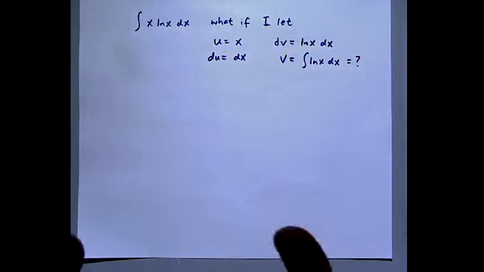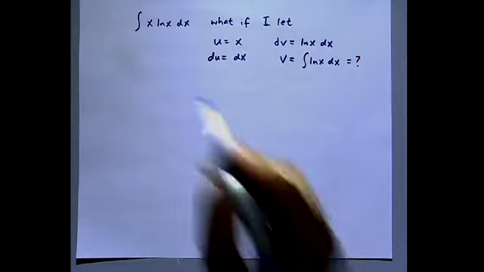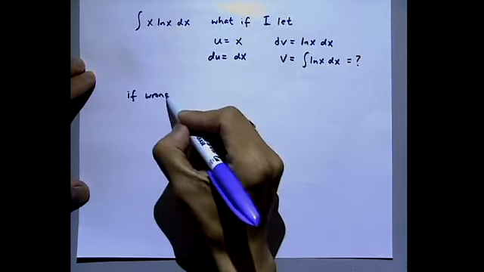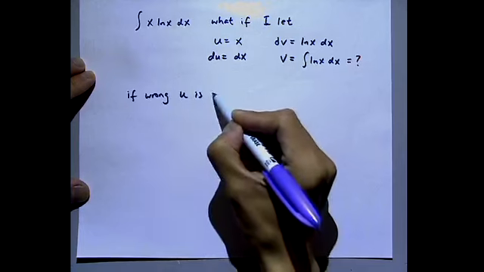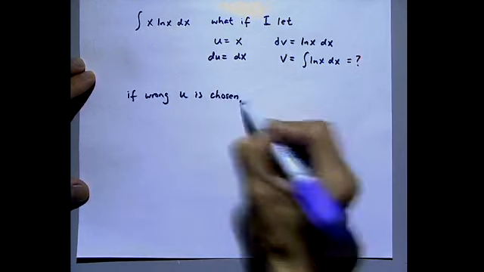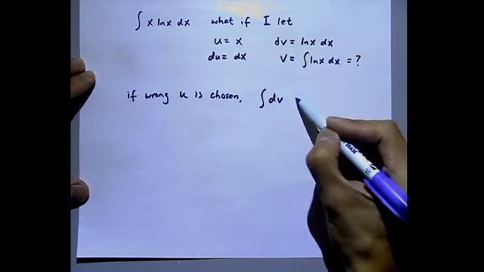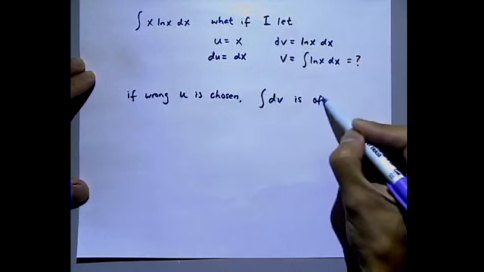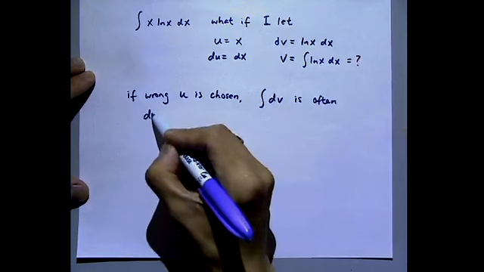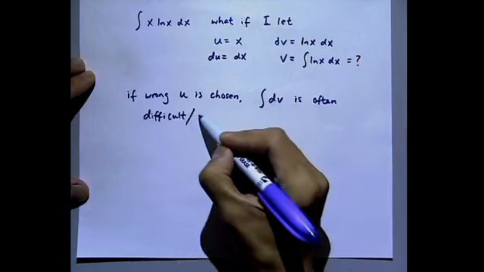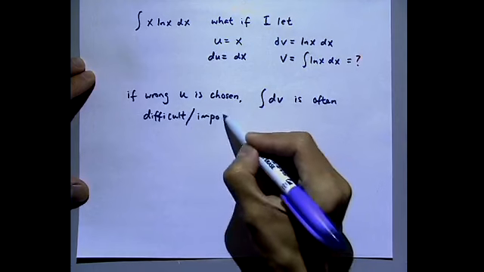So this is one symptom of what happens when you choose the wrong u. Difficult or impossible.